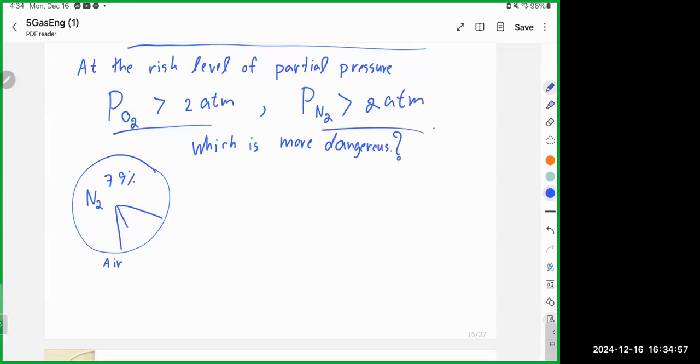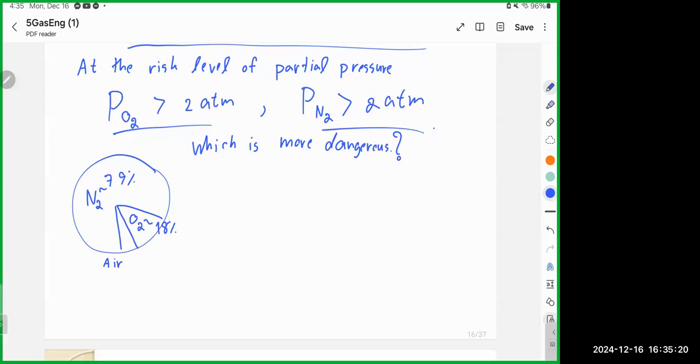And for the oxygen, it's around 25%. No, 20, around 18%, right?